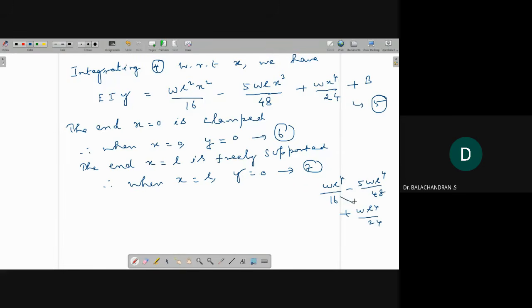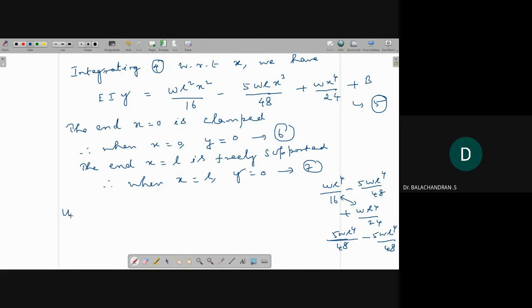So add these two. You can take 48 commonly. This is 3 times, this is 2 times. So 5 times omega L power 4 minus 5 times omega L power 4 by 48. So either if you apply condition 6 in 5, or if you apply condition 7 in 5, you'll get B equal to 0.